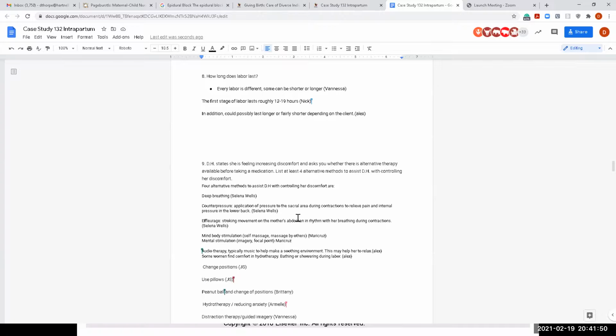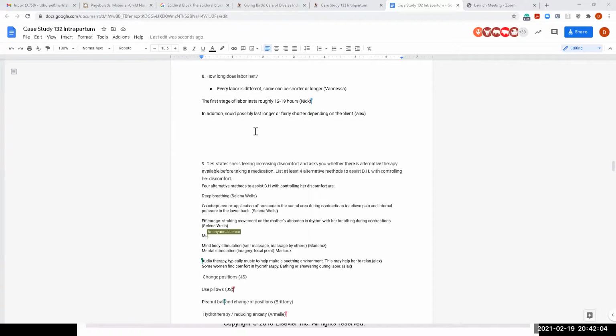How long does labor last? Until the baby's out. So if this is her third baby, they already said if this was her third baby, what are you thinking? Well, I mean, it can still be different.